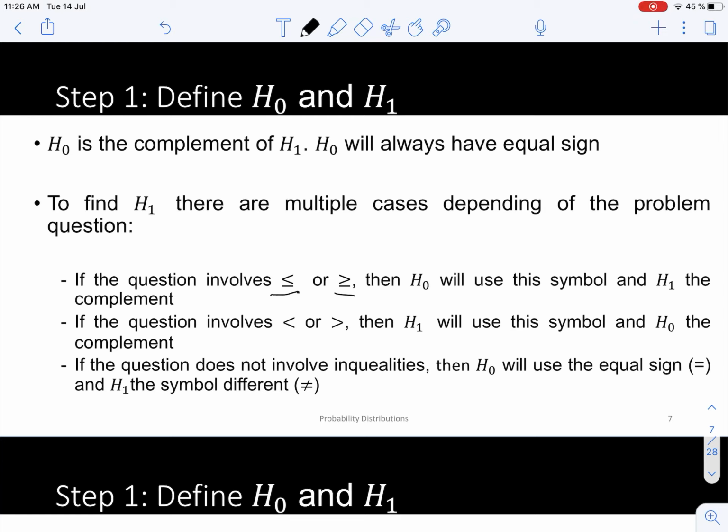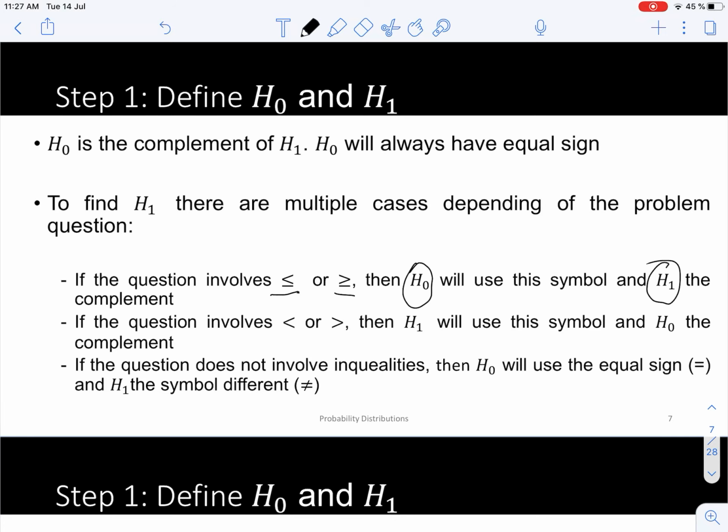Those two expressions, at least or at most, include the equal sign. Therefore, you first define the null hypothesis, and of course, the complement will be the alternative hypothesis.